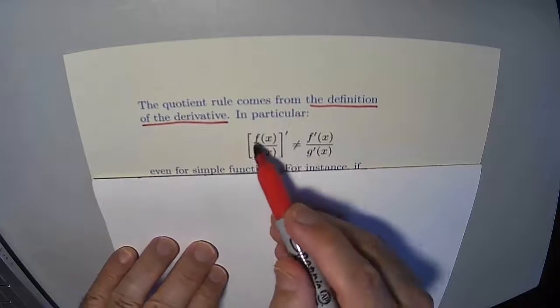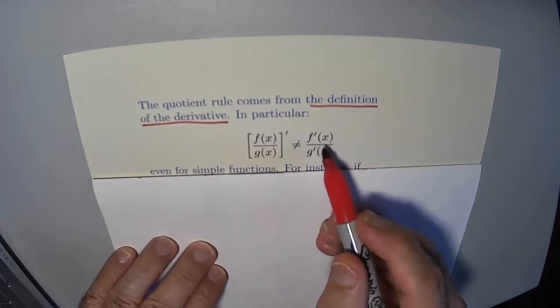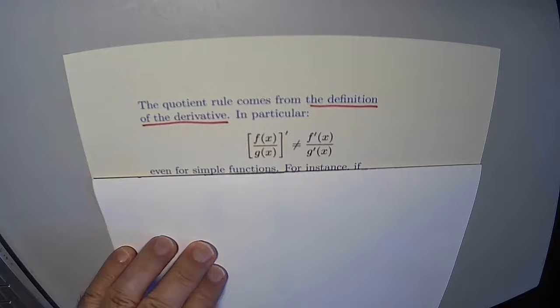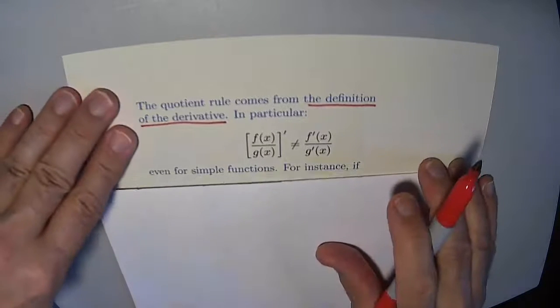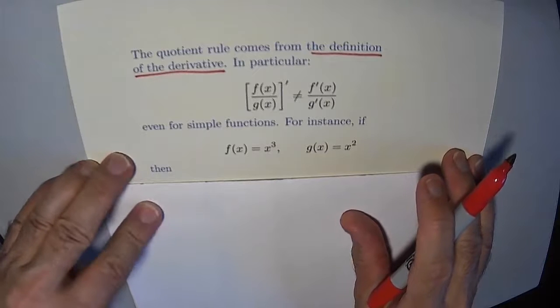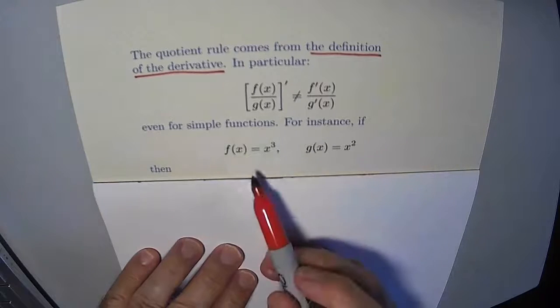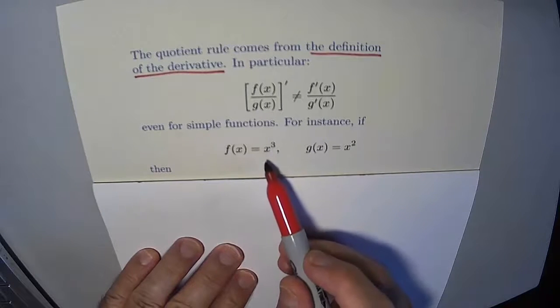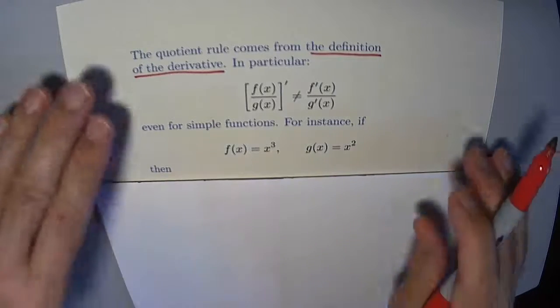The derivative of a fraction is not the same thing as taking the derivative of the numerator and denominator and leaving it at that. This is very easy to see, even for very simple functions like x cubed and x squared.